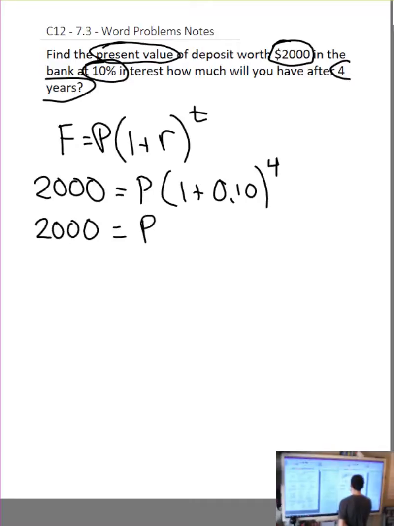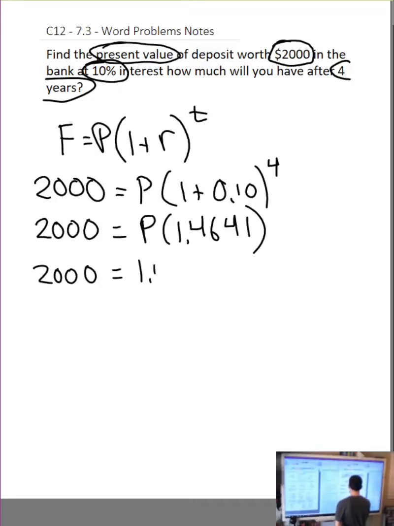So 1 plus 0.1 is 1.1, to the exponent 4 is 1.4641. So I'm going to clean that up. 2,000 is equal to 1.4641 p.